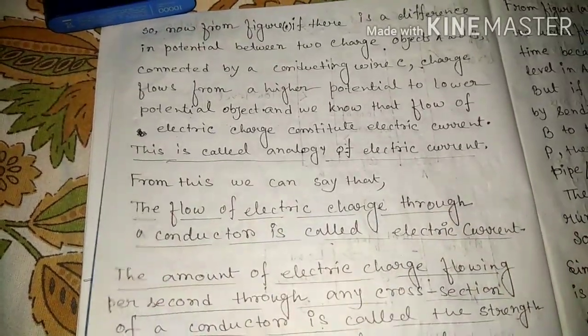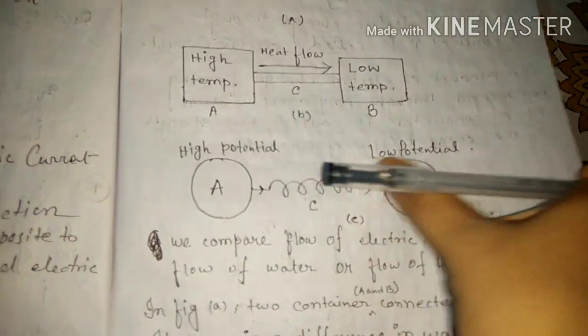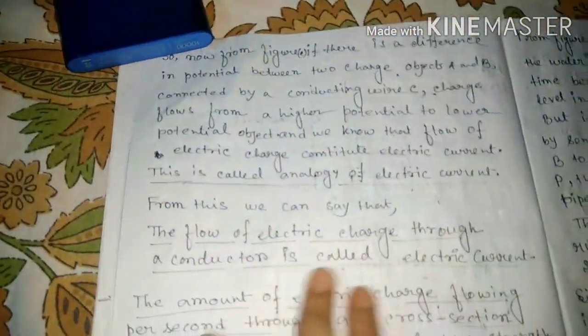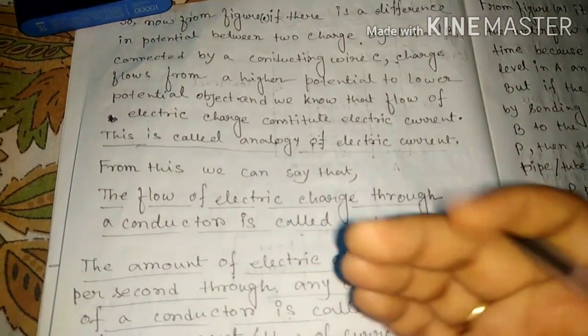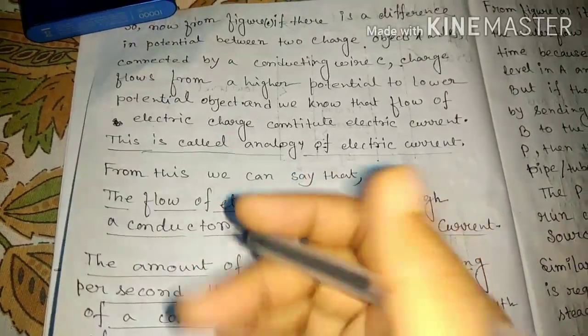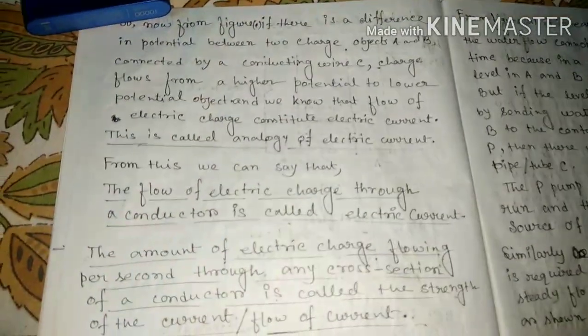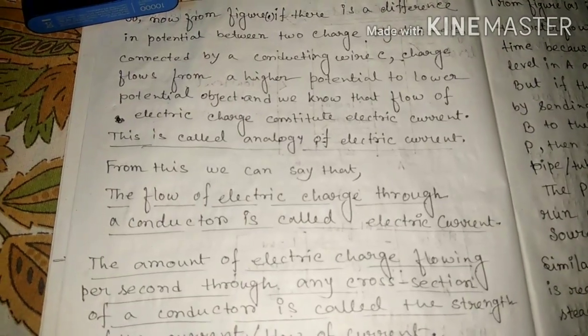So in that last figure, where two charged objects A and B, because of their potential difference, the electric charges flow through the conducting wire C. So when electric charges flow through a conducting wire, it constitutes an electric current. So we compare the electric current with those two examples, the flow of water and the flow of heat. That's why this is called the analogy of electric current.